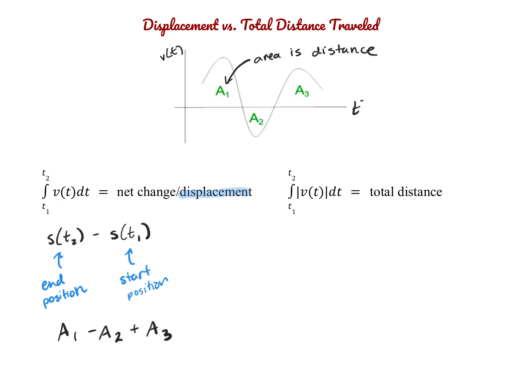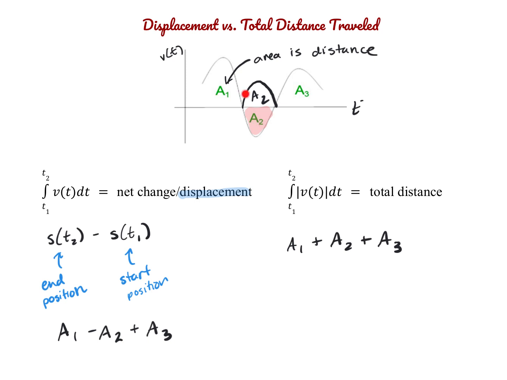Now here you'll see that we have the integral again from t1 to t2, but this time it says the absolute value of velocity. So it's essentially making sure that all of your function is going to be above the x-axis. The part that it would really affect would be this portion right here for A2, and then imagine that it was flipped to this side of our graph. So if we were to evaluate this, then we would have A1 plus A2 plus A3.